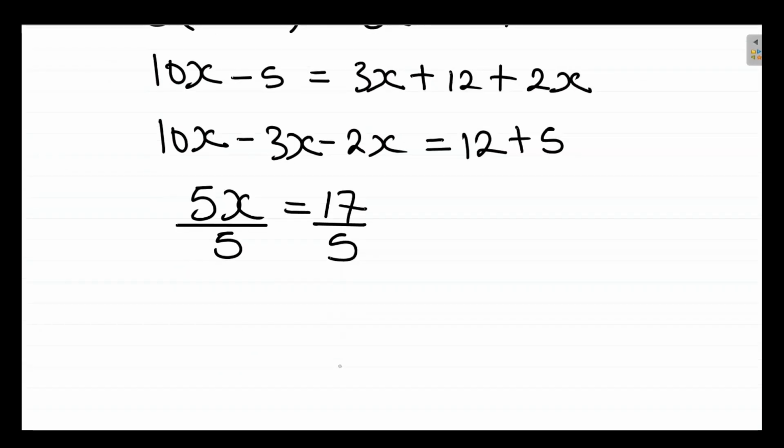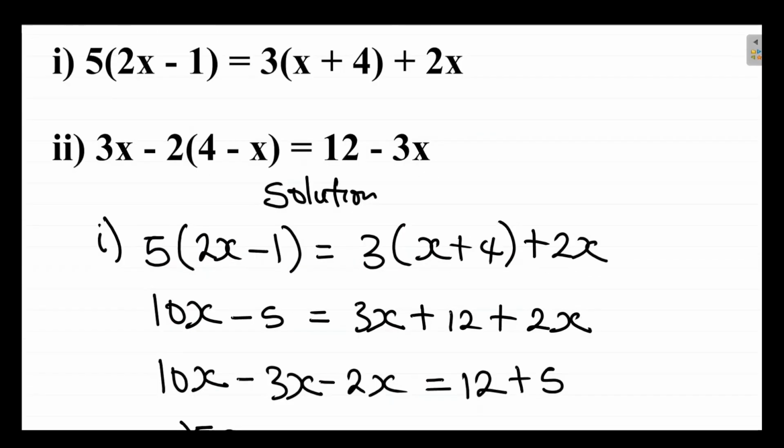First, we have that 5 divided by itself is 1. 5 divided by 5 is 1. So we have x equal to 17 divided by 5, which is 3 whole number 2 divided by 5.